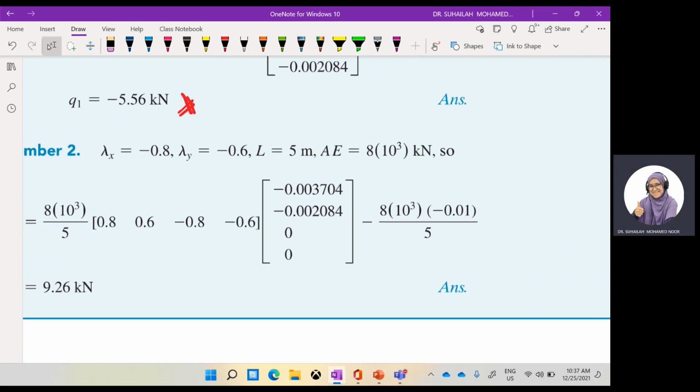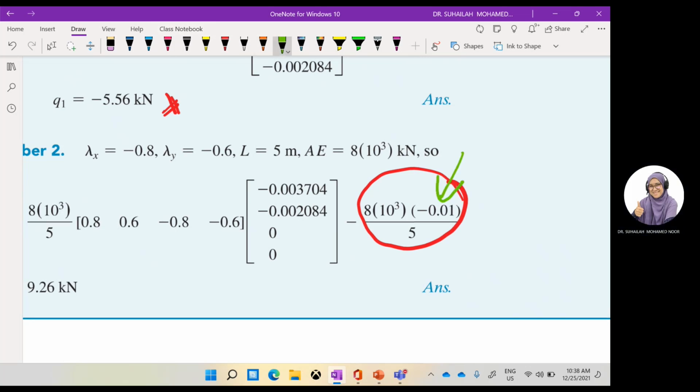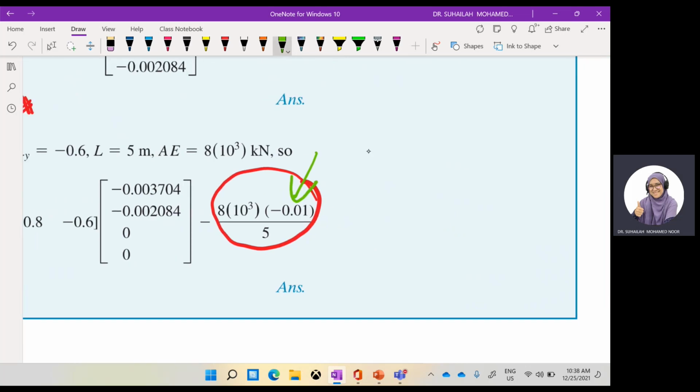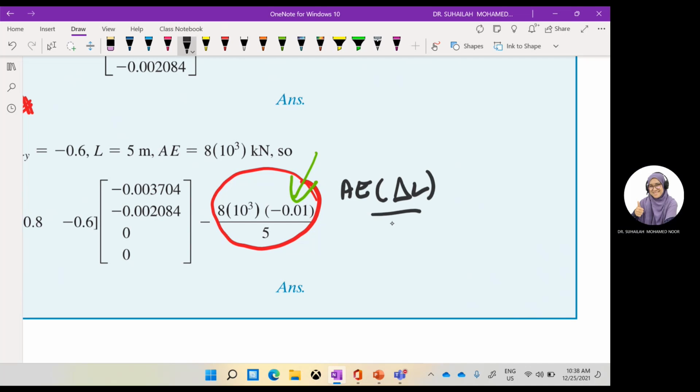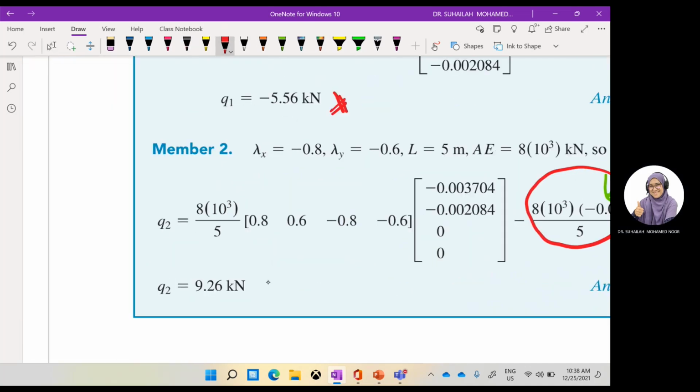But for member 2, since we have the effect of the fabrication error, this is actually AE delta L over L. Then we will get the value.